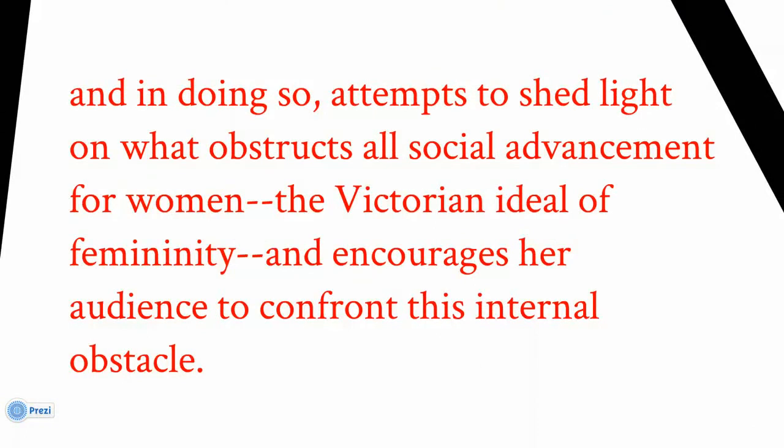That is the Victorian ideal of femininity. That's the major obstacle. And also along the way, she encourages her audience to confront this internal obstacle. So a multi-part purpose here. A lot of things that she's trying to do, because she's really breaking a lot of new ground with this particular text. And so that is her purpose.